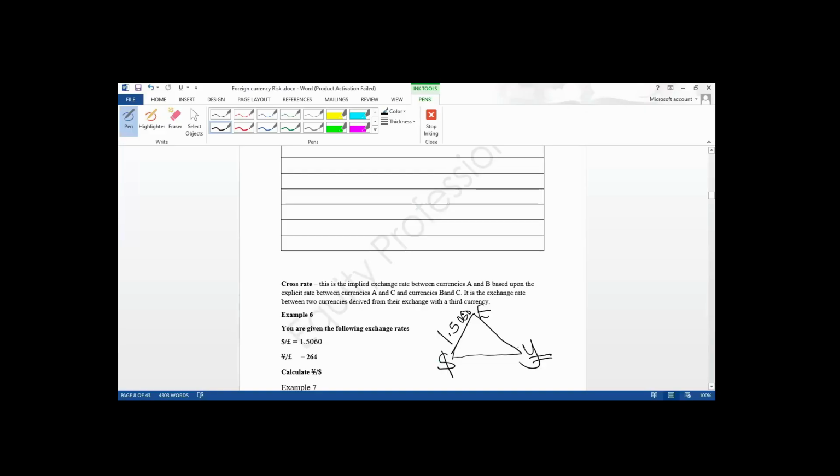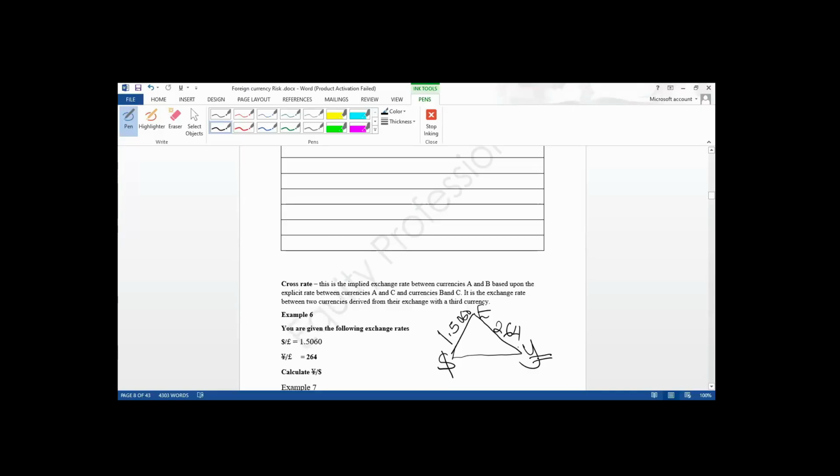That means you require $1.5060 to buy 1 pound. Japanese yen to pound, 264. You require 264 Japanese yen to buy 1 pound. There's an exchange rate between United States dollar and pound sterling.